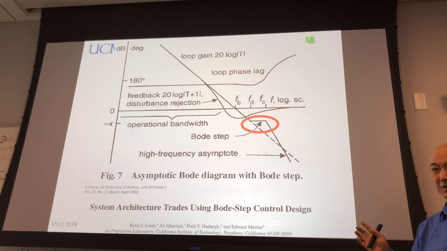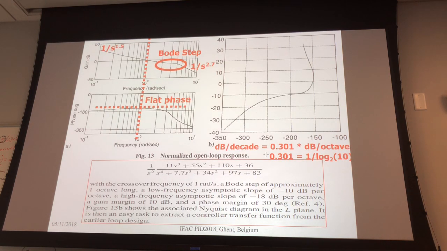When you do loop shaping, what is the ideal loop shape? Okay, Bode already gave an answer. The loop shape should be like that. So then he designed this controller. Basically you have a double integrator, and you have this one.